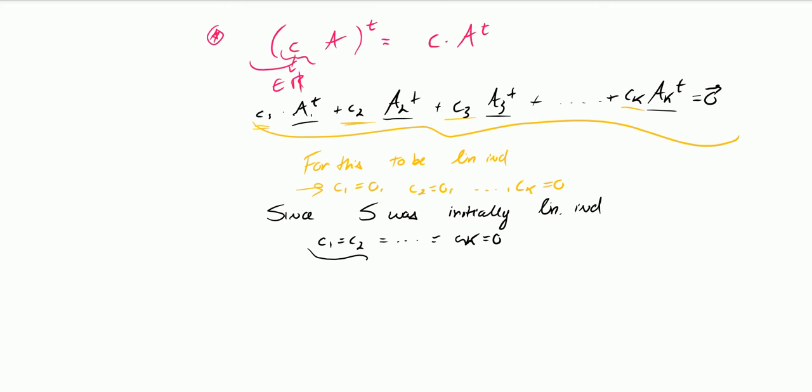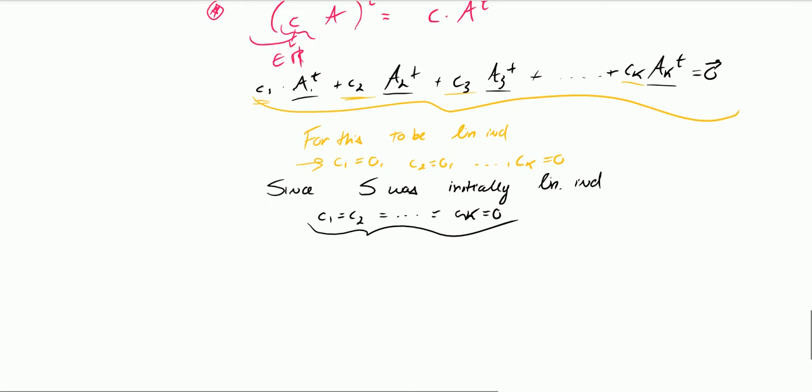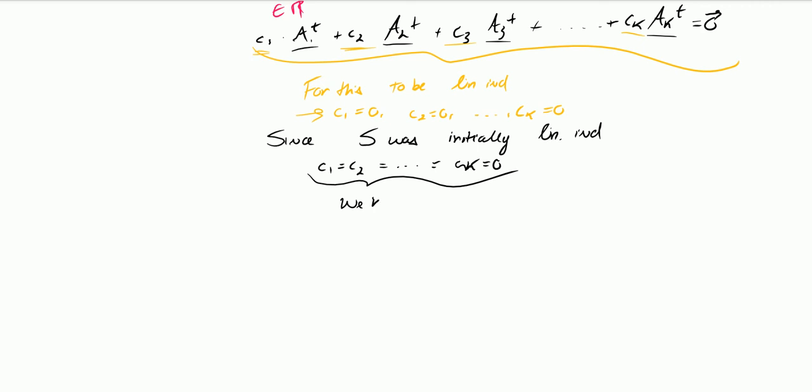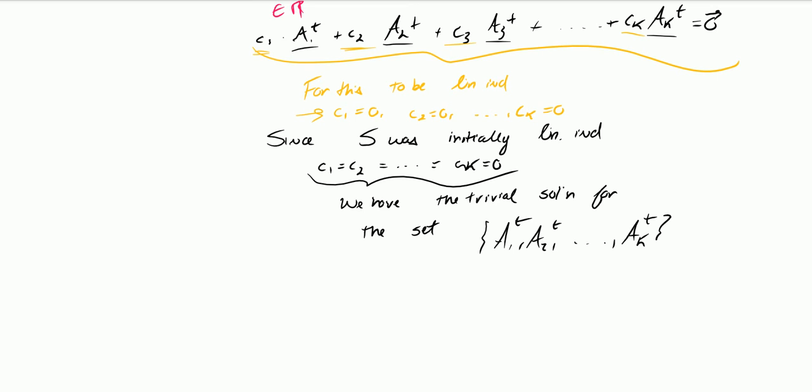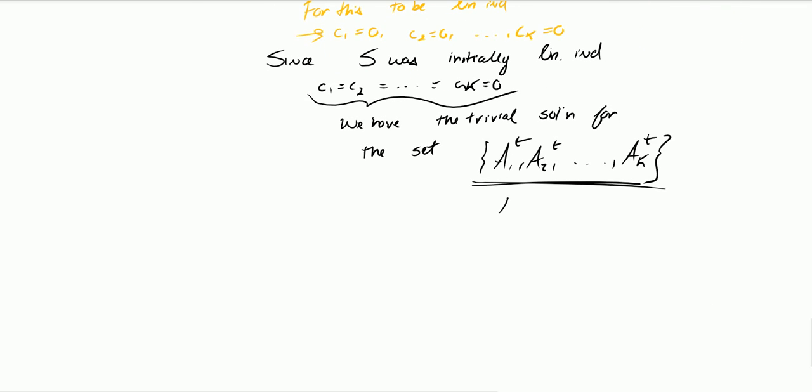So we basically have the trivial solution for the set A1 to AK transpose, meaning that this set is linearly independent.